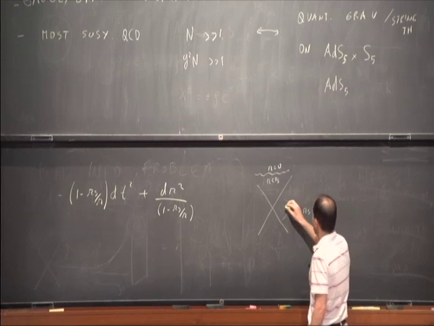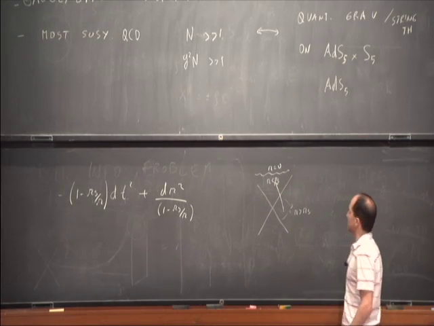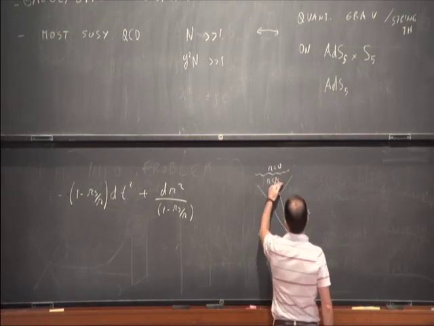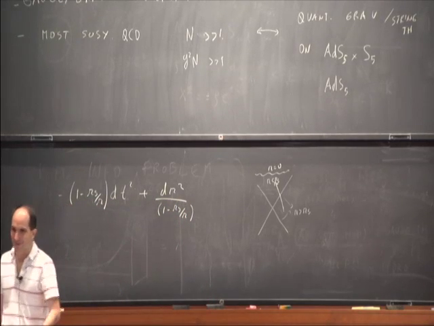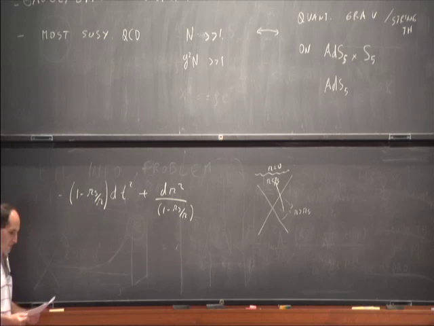If you are an outside observer and you fall in, you will hit this region, and the ordinary laws of physics cease to be valid, and you can wonder what happens to you. That's a question we cannot answer if we only look at the black hole from the outside. We don't know how to ask this question.